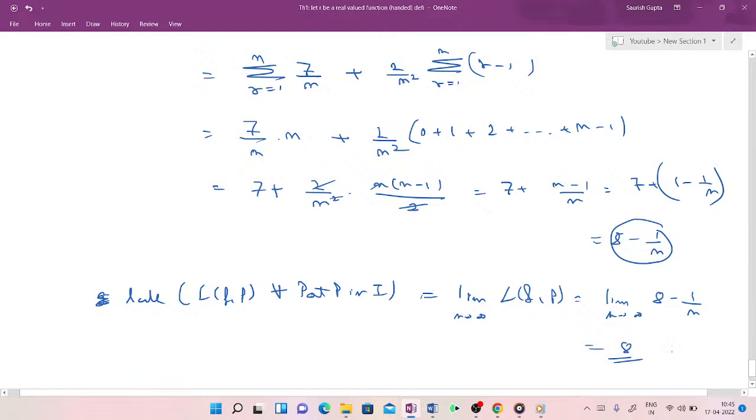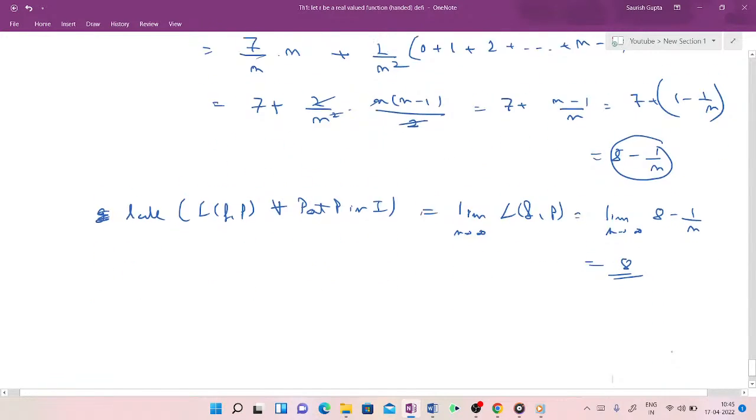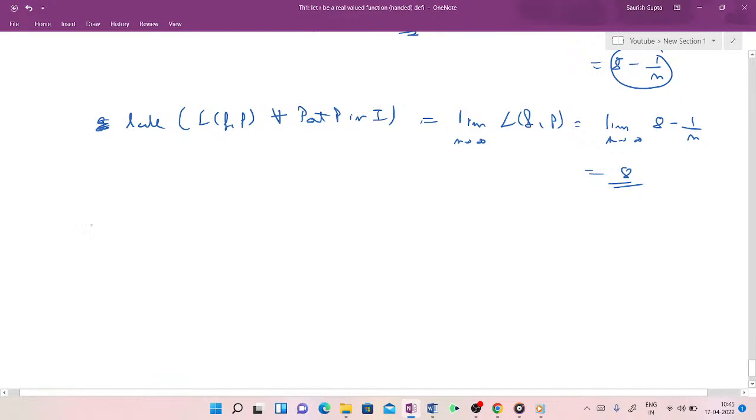In the exact similar way, we need to find UFP. So UFP is the summation r equals 1 to n of (7 + 2r/n) times 1/n.